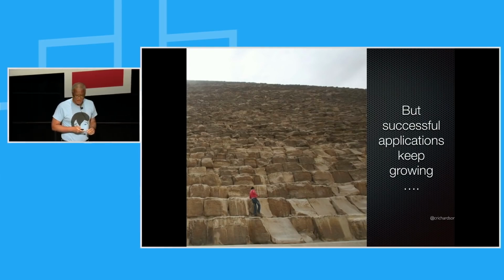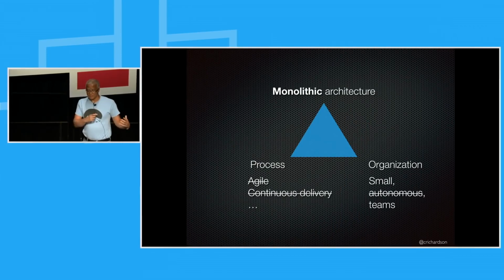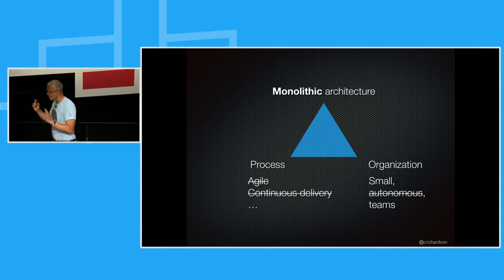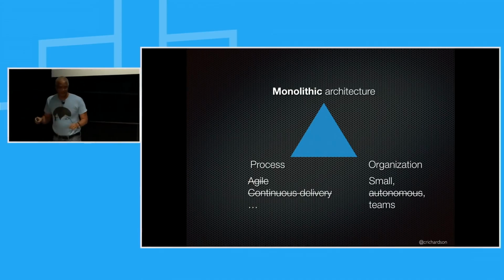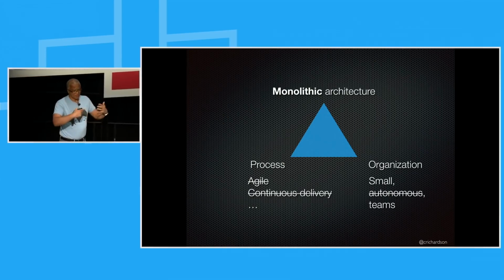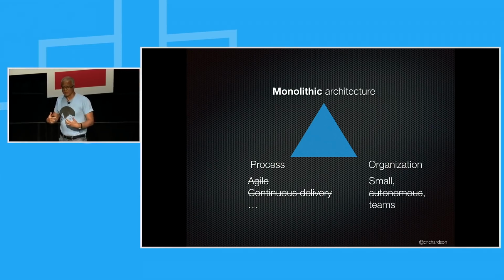And the problem you have is once you have a large, complex application, any notion of being agile just goes away, as everything about developing and deploying that application becomes extremely painful. Also, from an organizational point of view, because everybody's contributing to the same code base, there's really no autonomy between the teams.